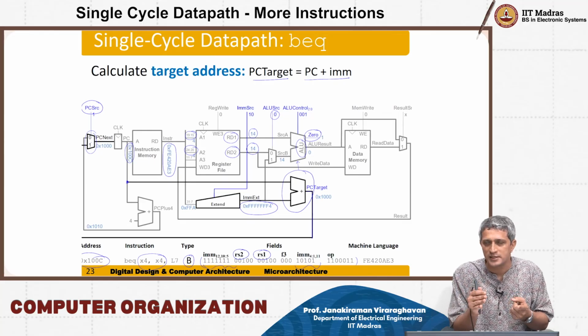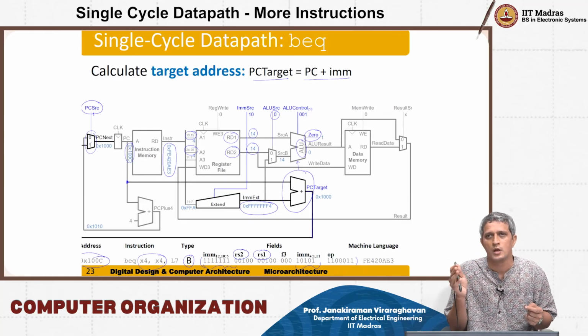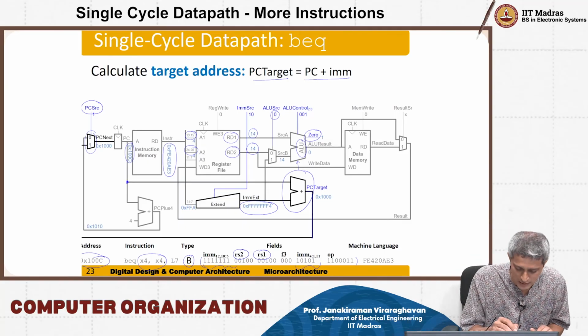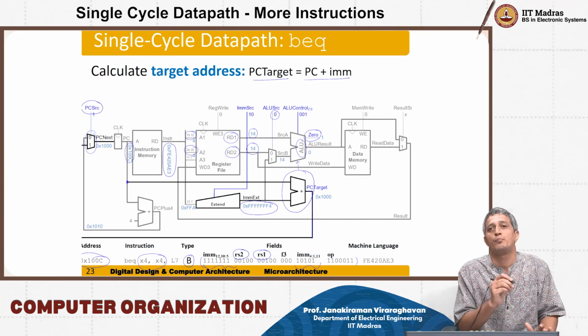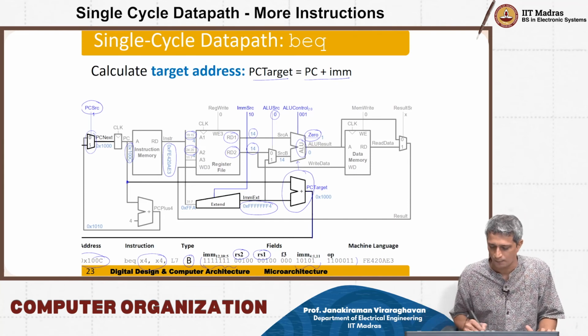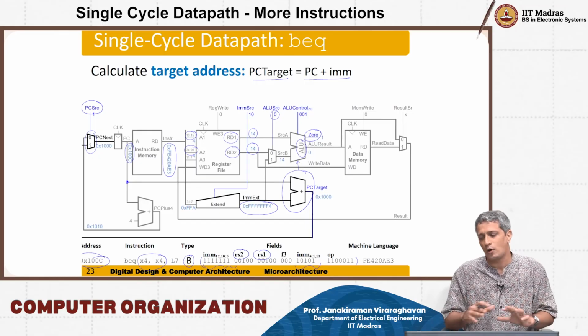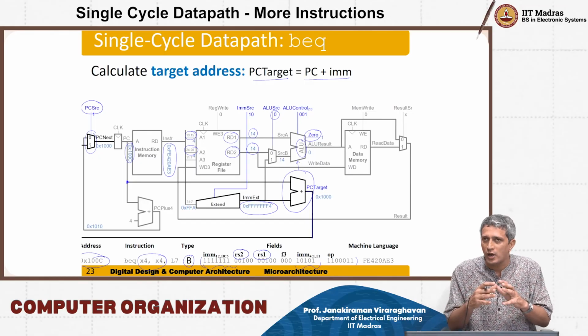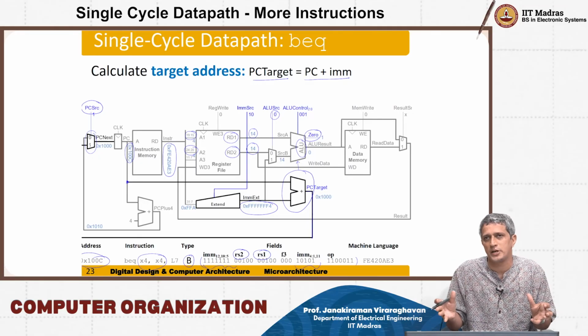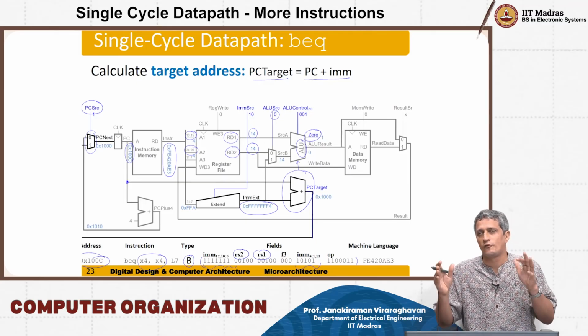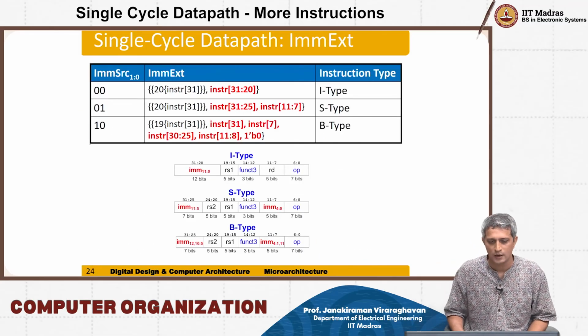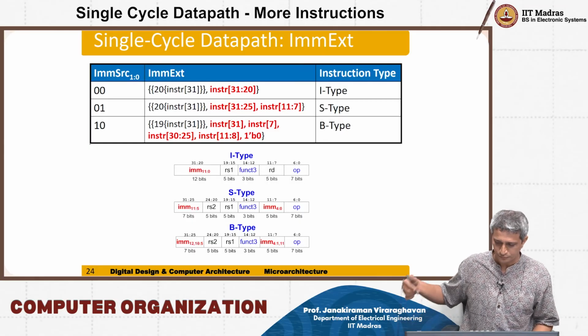But in this case, I am going to do some complicated branching operation, and therefore I have to choose between these two, and that's why that mux is needed for my PC next. So with that, what we have been able to do is to cover the basic implementation of these 4 operations that we had discussed.